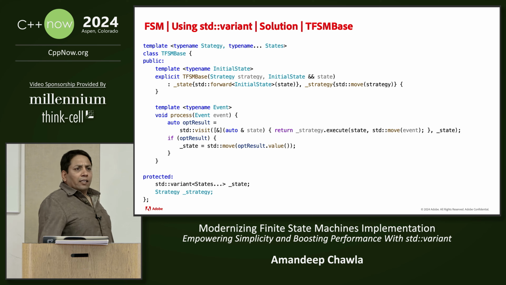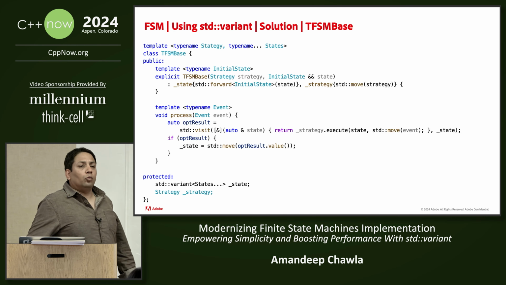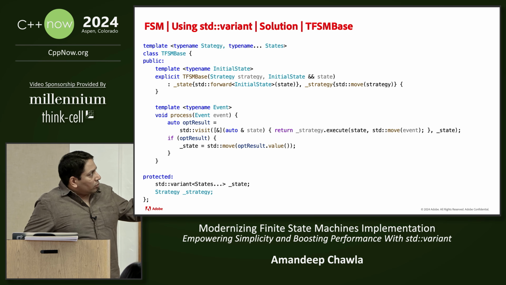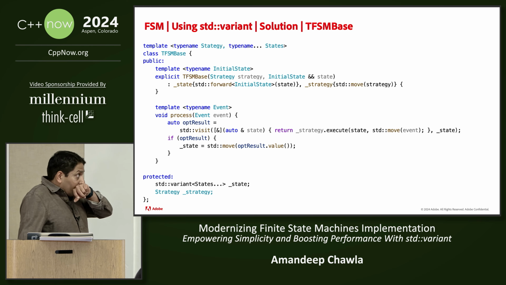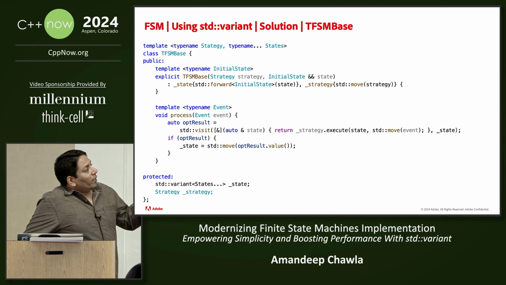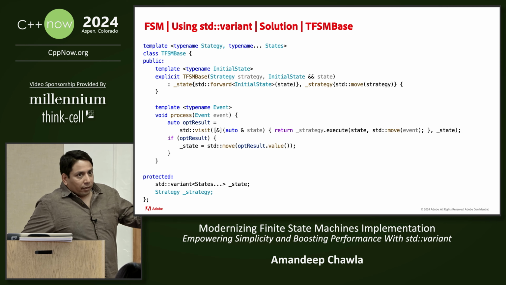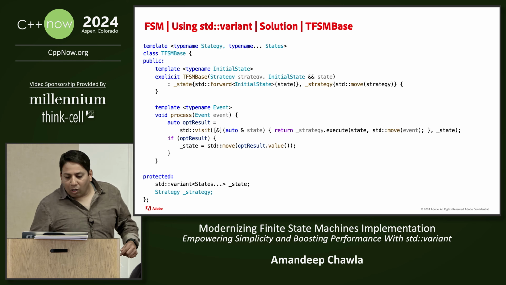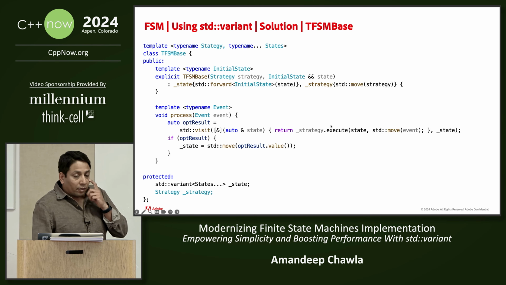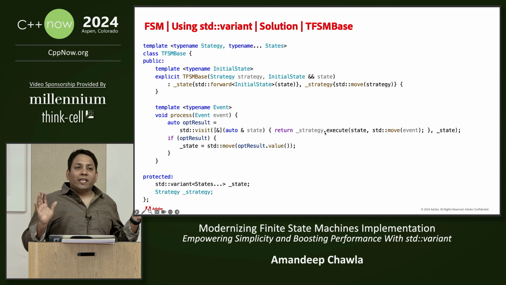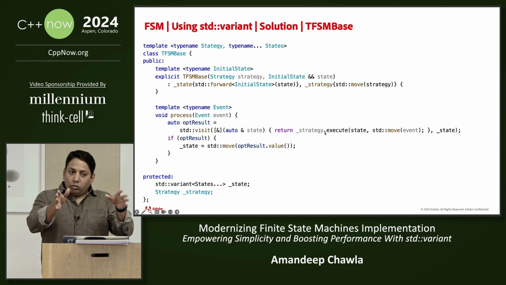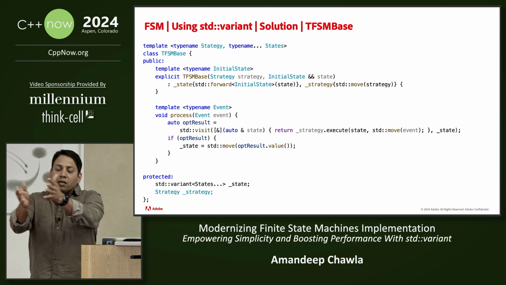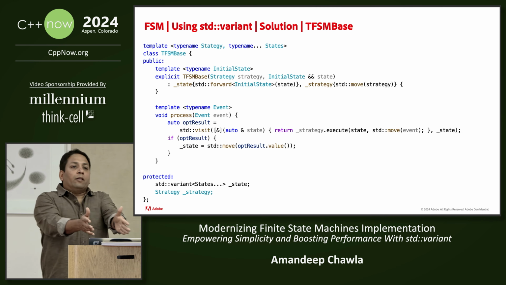I will say, please provide me a strategy for how to handle this. In my base class, which I'm calling TFSM base, you give me the strategy along with the initial state. And that strategy has a function called execute, as you see here in the visitor pattern. Rather than me doing anything, I delegate that functionality to the strategy's execute function: this is the state, this is the event, let me know what to do.